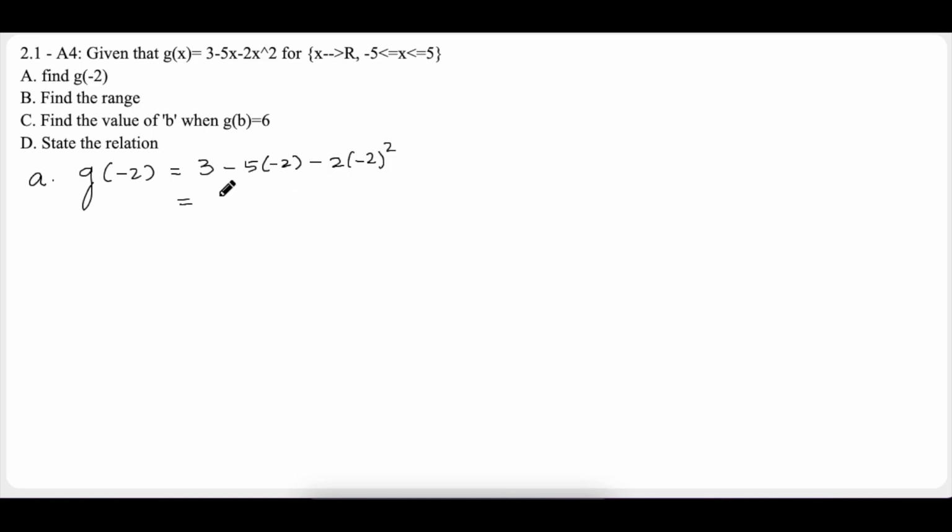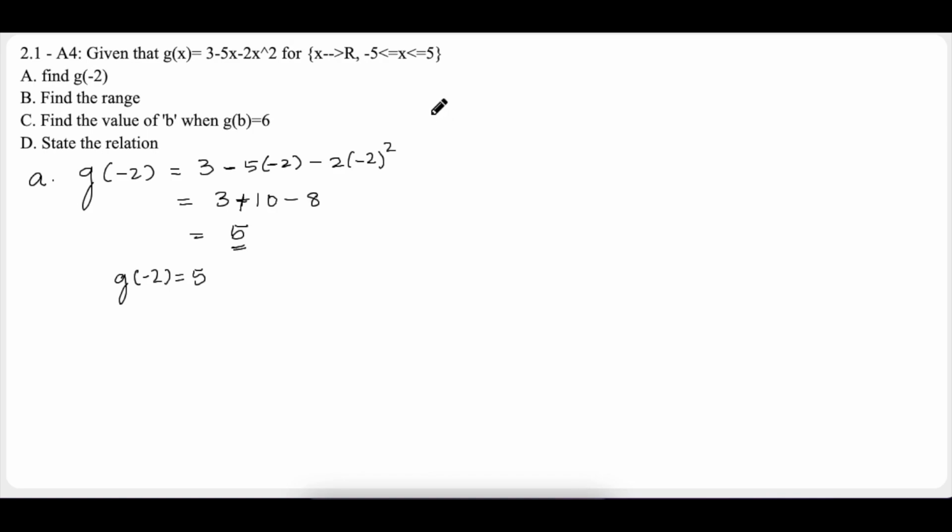We get 3 minus 5 times minus 2, which is plus 10, minus 2 times 4, which is 8. Multiplication of minus and minus gives plus 10. So the final answer is plus 5. So we can say g of minus 2 equals 5.